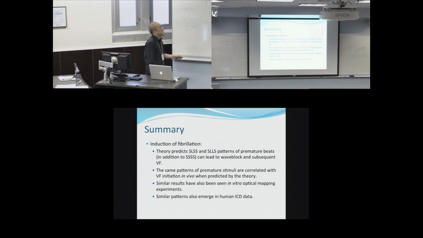Then when we try this in in vivo experiments, we find that indeed the same patterns appear to produce VF in vivo. I haven't talked about it in this talk, but we also see this in vitro in optical mapping experiments. And I did also talk about the fact that we can see this in human ICD data.